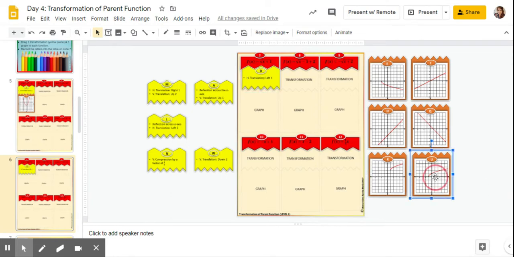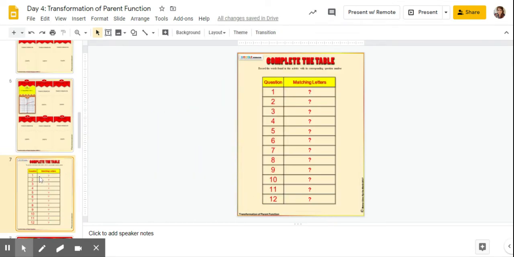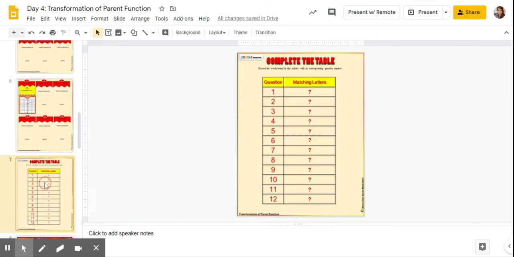And this one right here, U, is just going to go left 1. So I know that's that one. I drag it over, and that's all you're doing. You're going to do the same thing once we go down. On slide 7, you can fill in these answers here if you want. I'm not going to take any points off if you don't do that part.